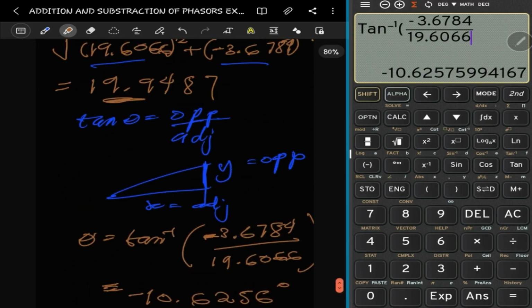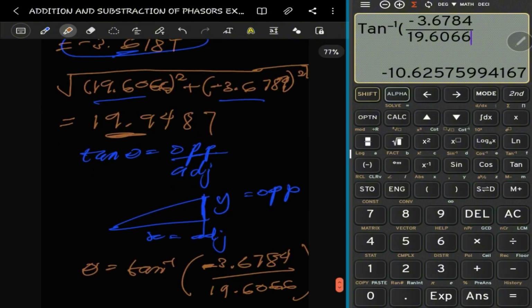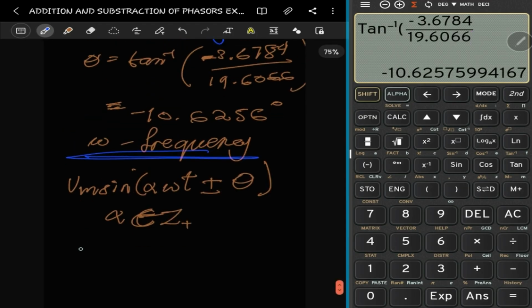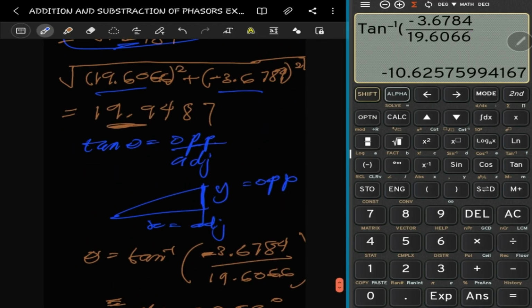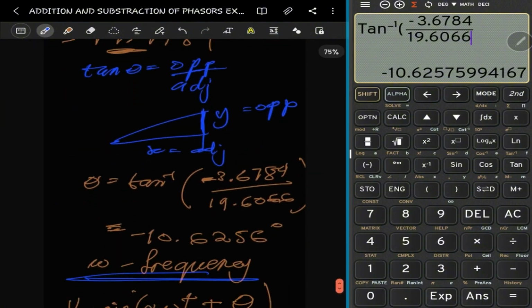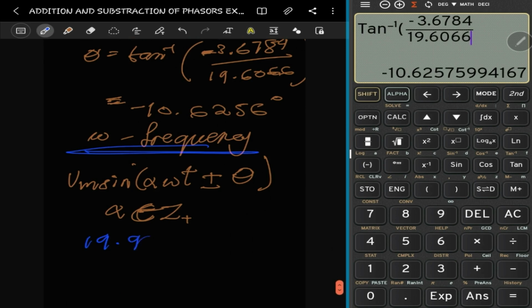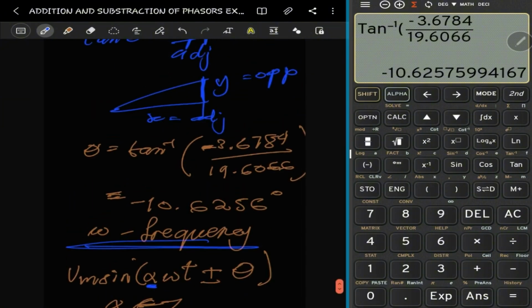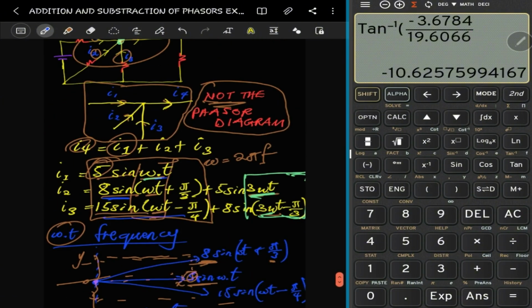So now we have the peak. The peak is 19.9487. So now we are talking about the one with the frequency being just this, right? So this is the peak, 19.9487, right? And then sine, and this one right here is 1, right? Because we're adding the ones that have a frequency of this.